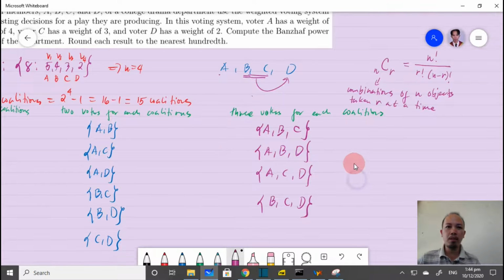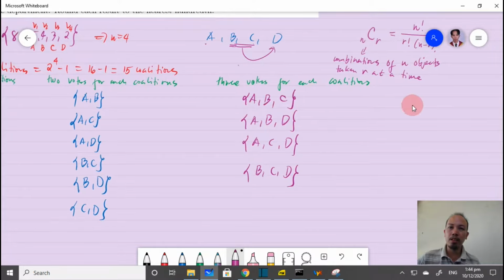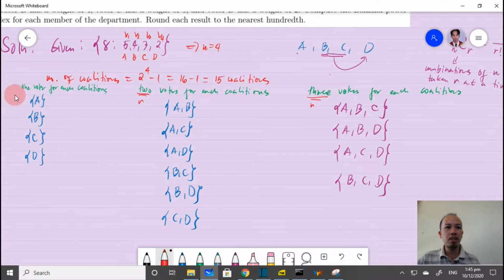So for example here, I am pretty sure that there are only 4 by using this formula. So let's try. Our n is 4, and our r is this one, taken 3 at a time. 4 objects taken 3 at a time, 4 objects taken 2 at a time, and 4 objects taken 1 at a time.